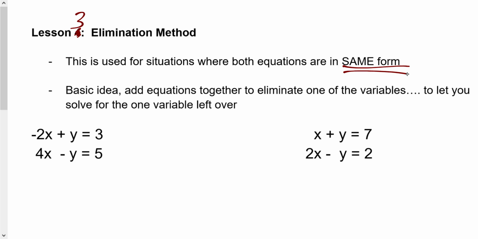Look how easy this goes, though. Could you guys just come straight down here, put a little plus sign here, draw a line? We're going to add these two equations together. What is negative 2x plus positive 4x? What's negative 2 plus 4x? So I'm going to write 2x right underneath it. Now over here, I'm going to do the y's. I'm going to do those in green. If you don't see a number in front of the y, it's really a what? Hey guys, what's 1 plus negative 1?